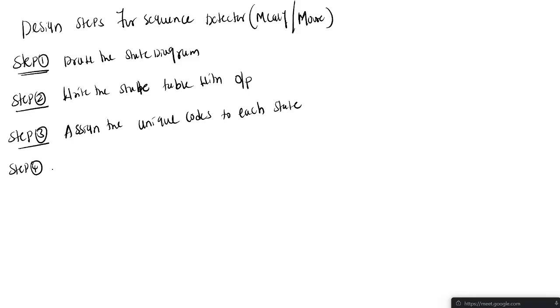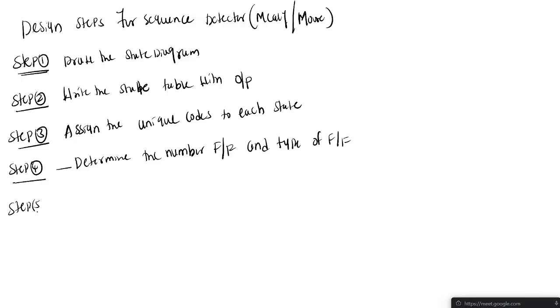Step four, determine the number of flip flops and the type of flip flop. Step five, write the excitation values for the flip flop inputs. Then find the simplified expression by using K-map.